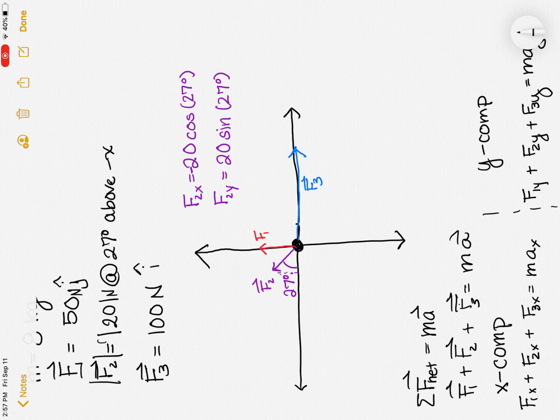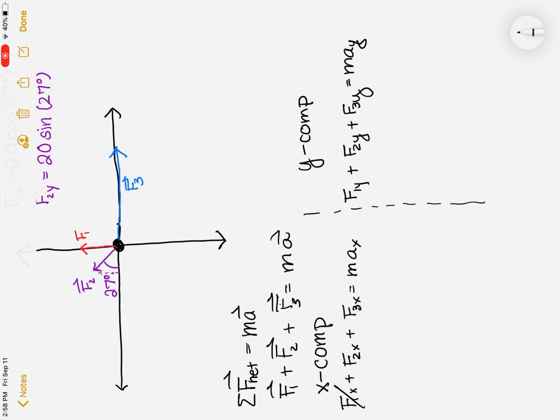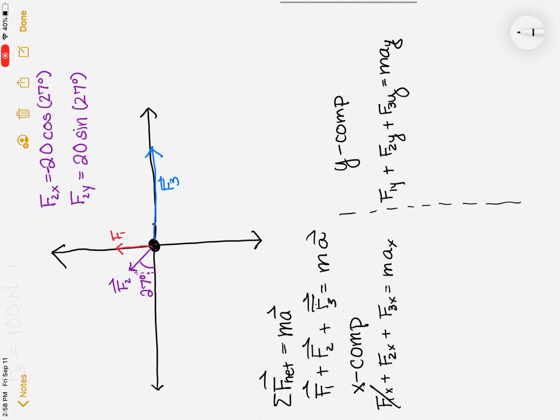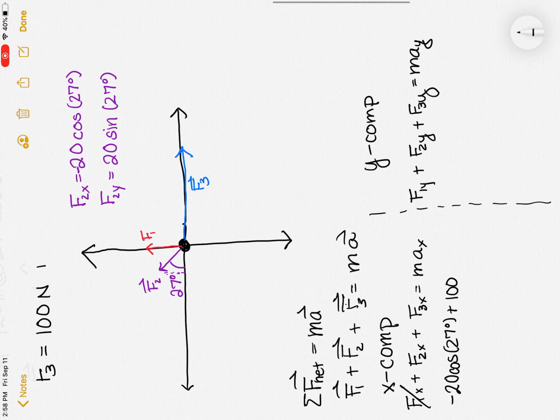So here I can see that for my F1, I don't have an x component, it only exists in j. But I do have an F2x and an F3x component. So then I have negative 20 cosine 27 degrees plus F3, which is 100 newtons, and that's going to be equal to 8 times ax since our mass is 8.